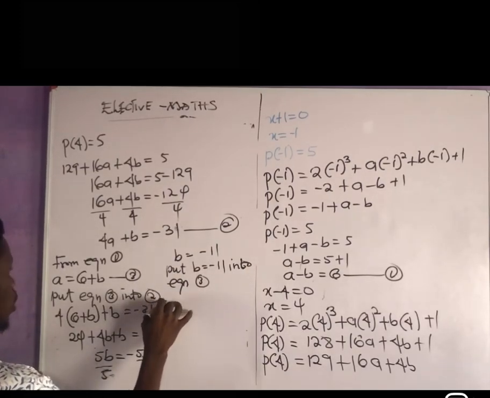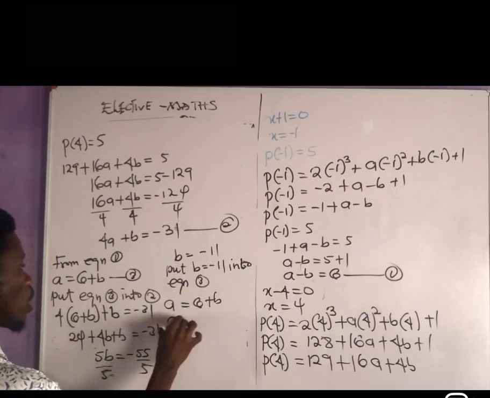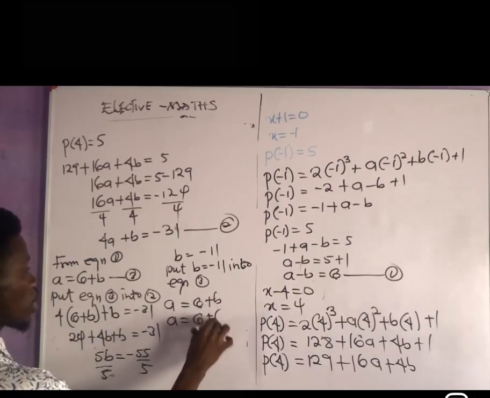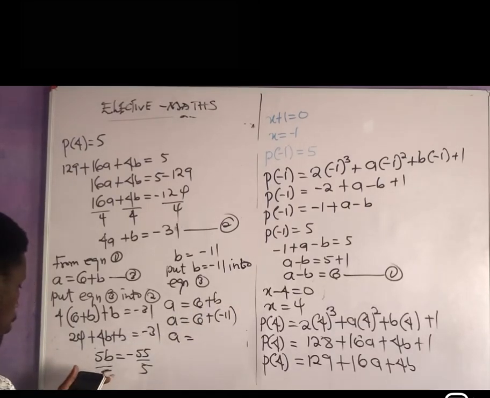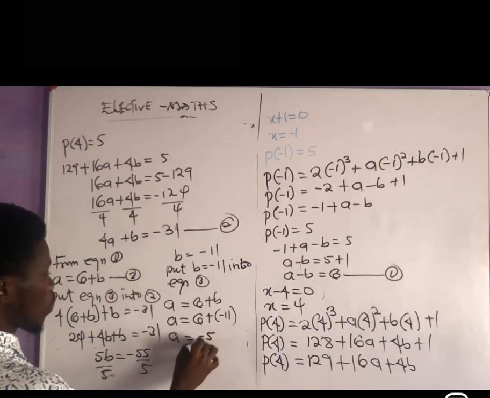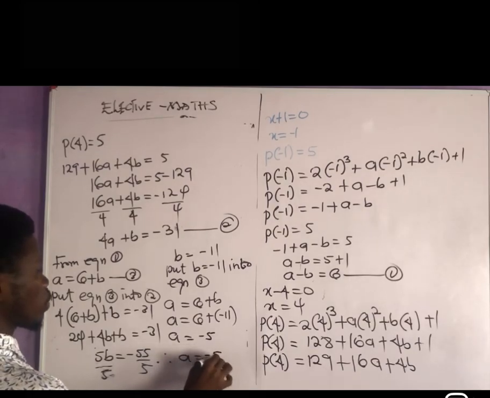And you know our equation 3 is a is equals to 6 plus b. So a is equals to 6 plus negative 11, which will give us negative 5. Therefore, our a for this is negative 5 and that of b is negative 11.